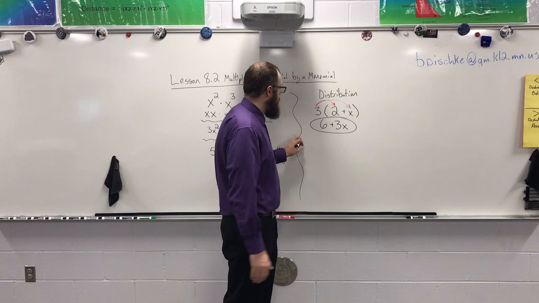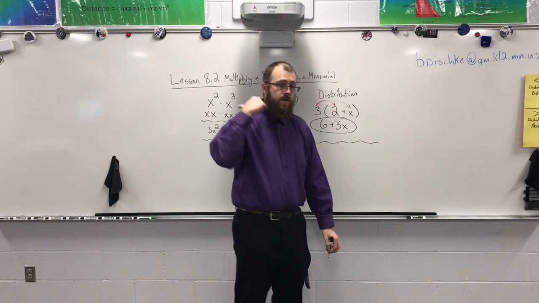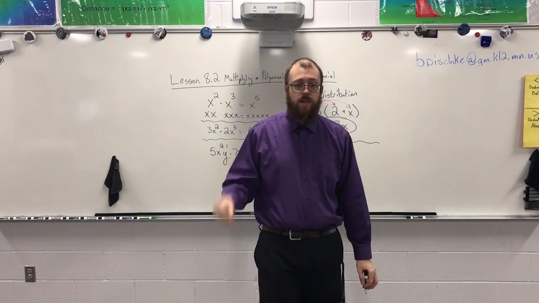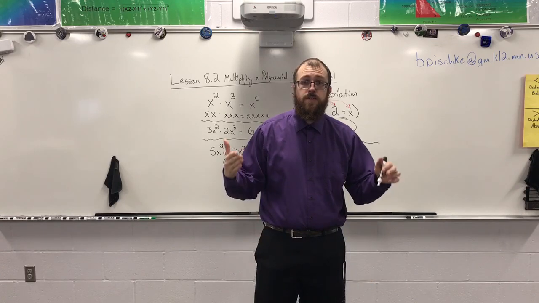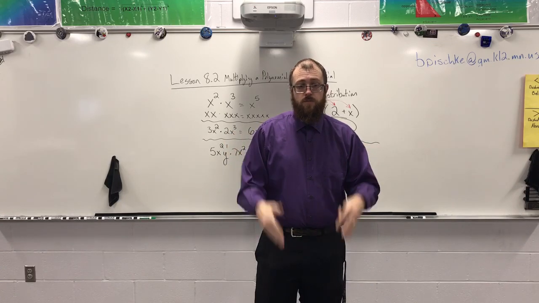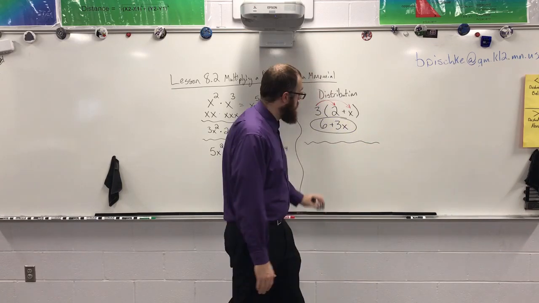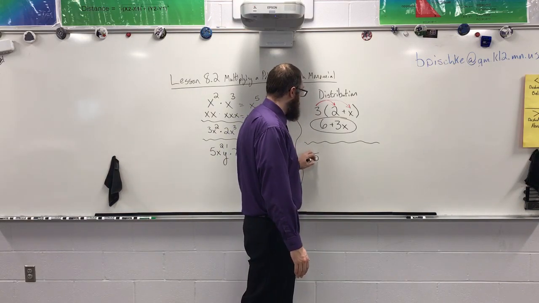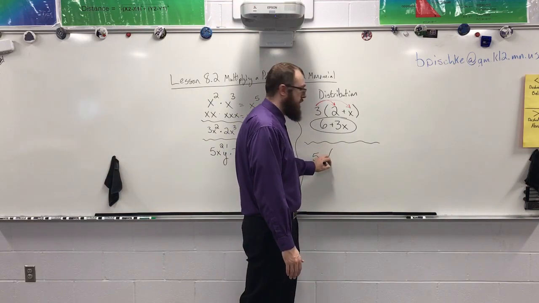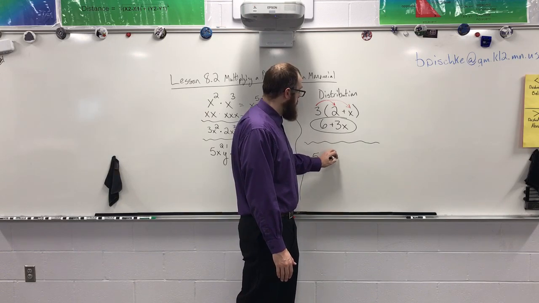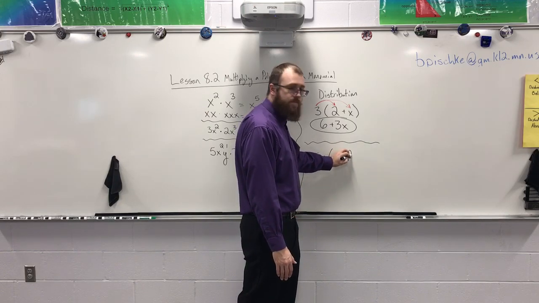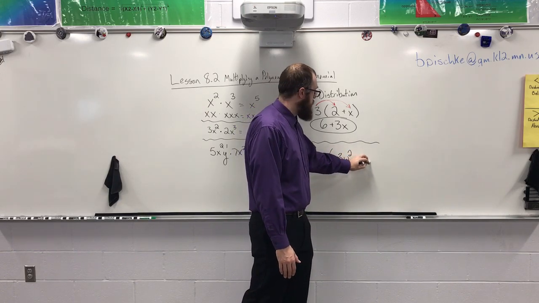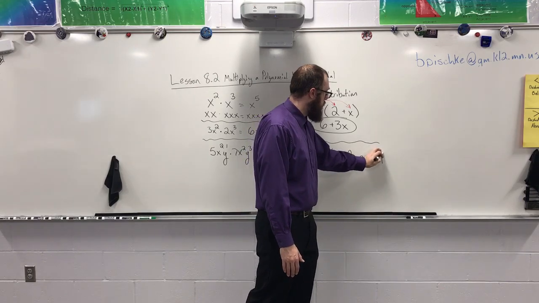Our distribution problems then scale up to monomials times polynomial problems, which is the center of what we're going to be doing today. Situations like 5w times negative 3w squared plus 2w minus 4.